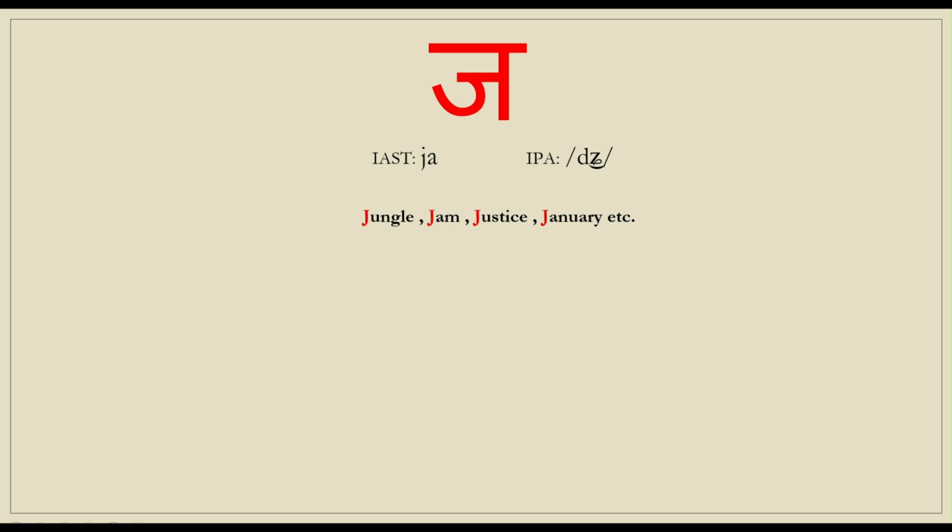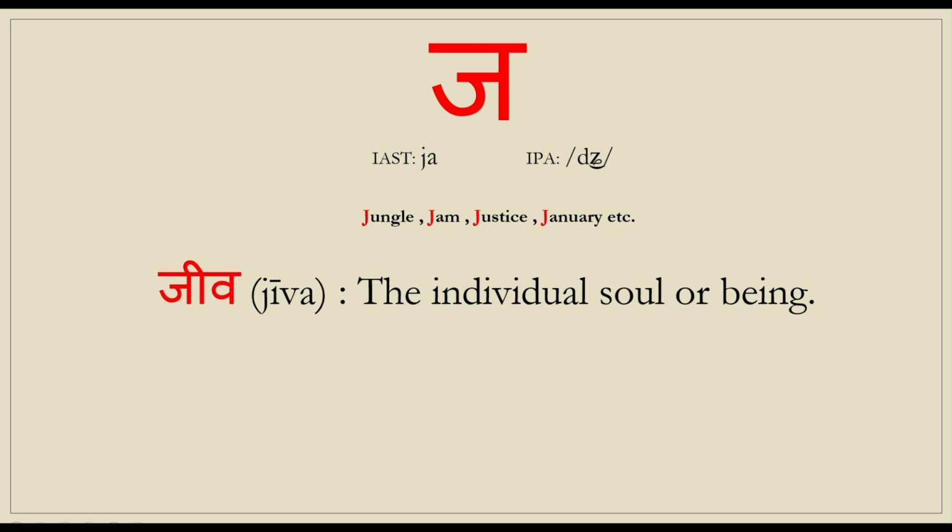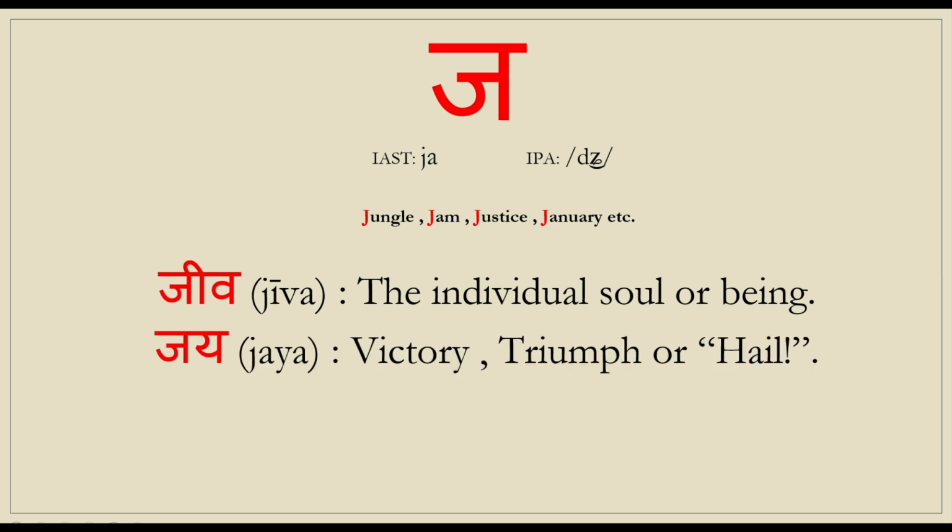And the Sanskrit examples are like the word jiva, which means the individual soul or being, the word jaya, which means victory, triumph, or hail, and the word janma, which means birth.